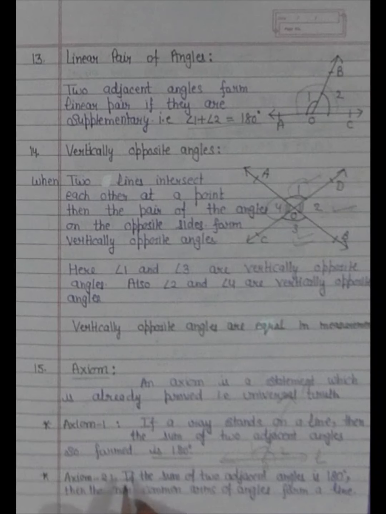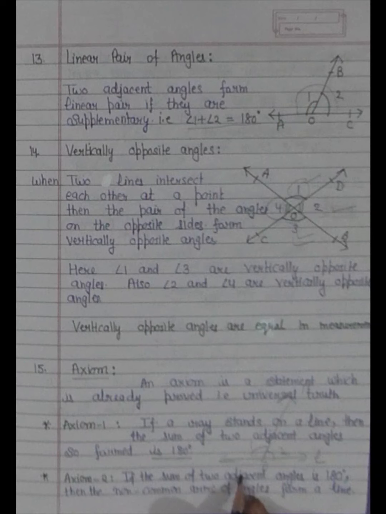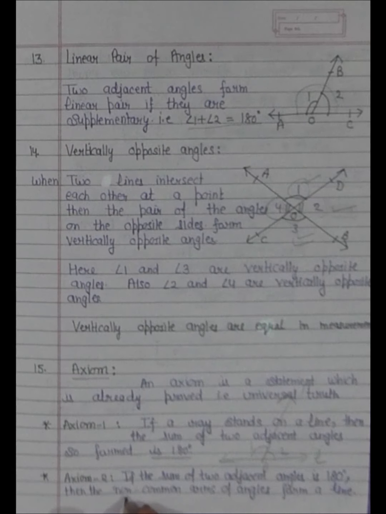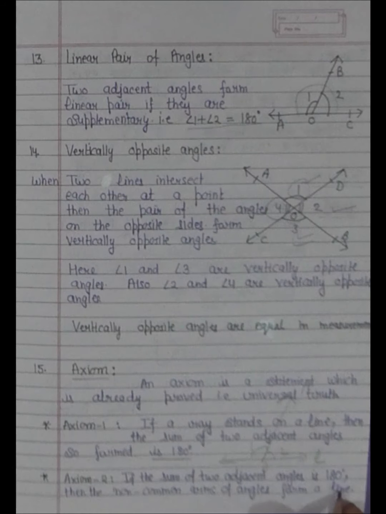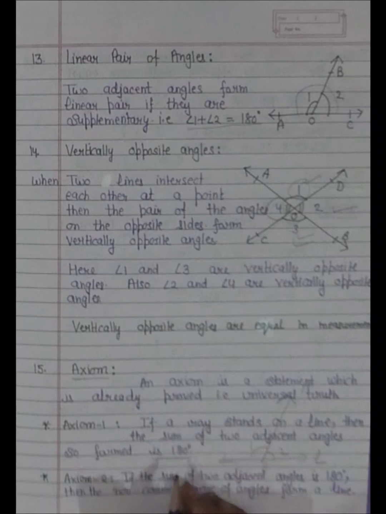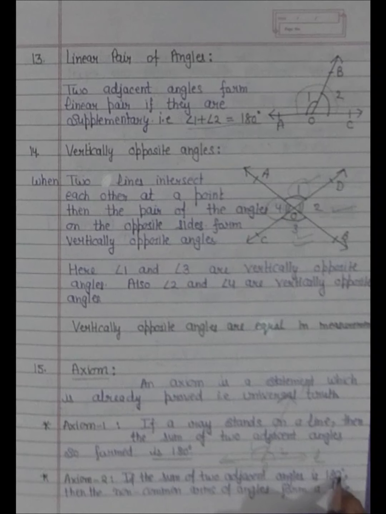Axiom 2. If the sum of the two adjacent angles is 180 degrees, then the non-common arms of the angles form a line. Actually this axiom is the converse of axiom 1.